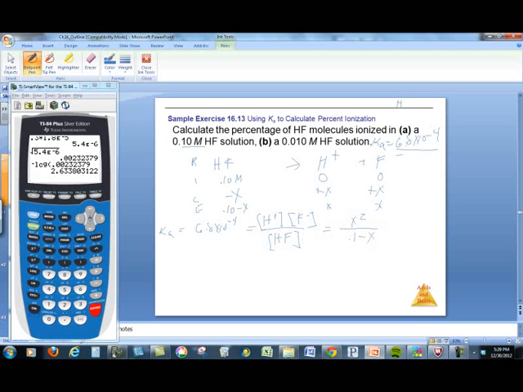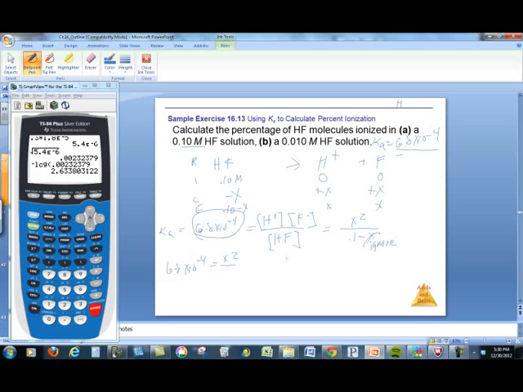So again, we could end up with this nasty quadratic equation. But I have a pretty small Ka, so I can actually ignore this. And if I do that, I end up with 6.8 times 10 to the minus 4 equals X squared.